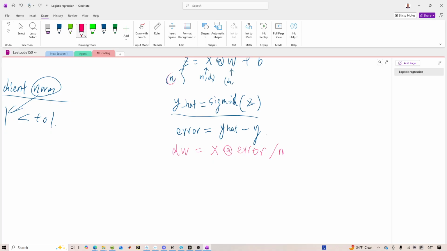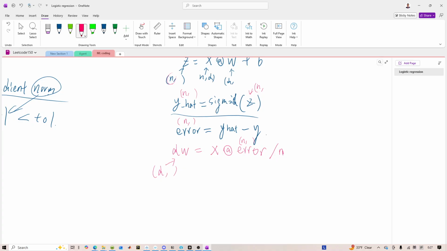And here there is a trick you can use to match the dimension, because z is n, y is also n, and y hat, y is also n, so the error is also n. The error is n, while the weight, the d omega, dw is the same shape as w, which is actually d, right?